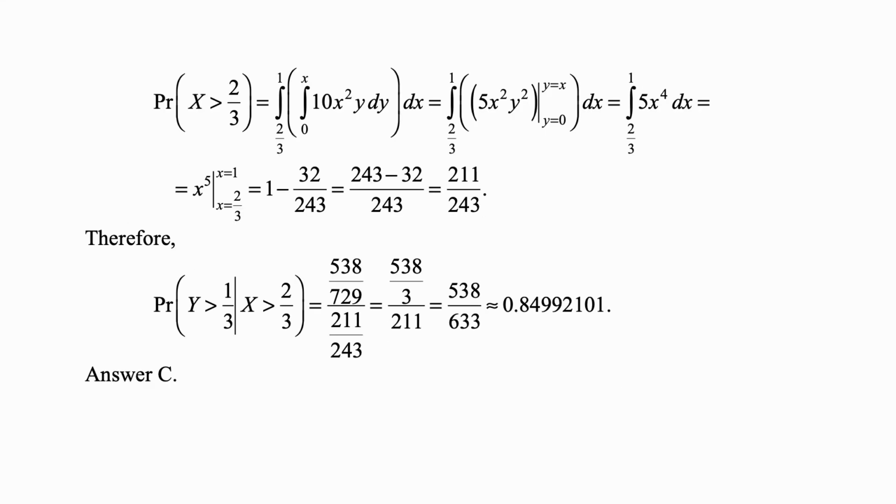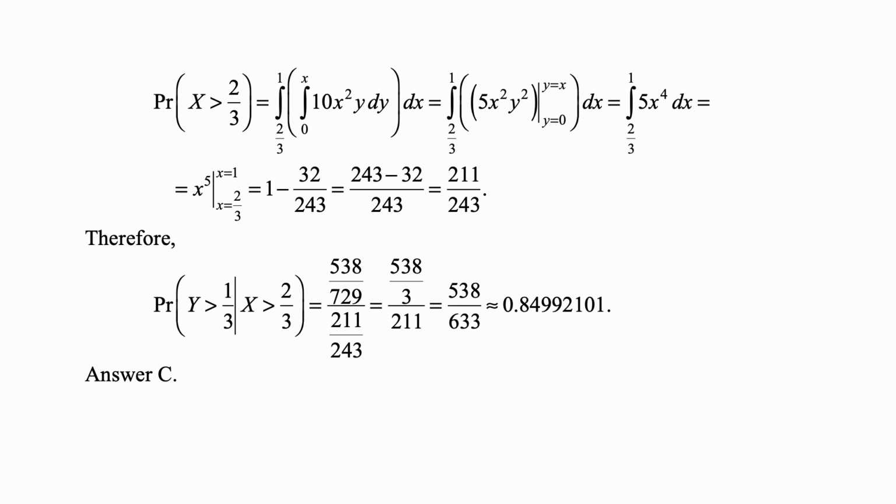Then we calculate the probability that x is more than 2/3 as a double integral again. You don't have to do it this way. You could also find the marginal density of x and then find the probability, but this is one calculation, so I decided to do this. And we just take the integral of the joint density over the region where x is more than 2/3.